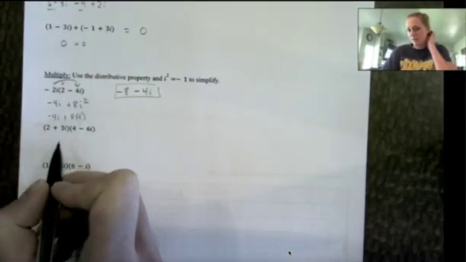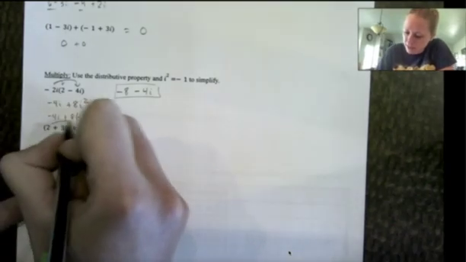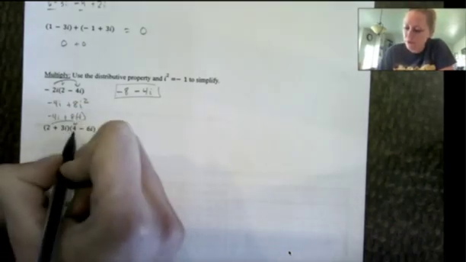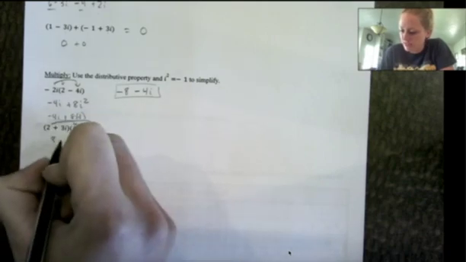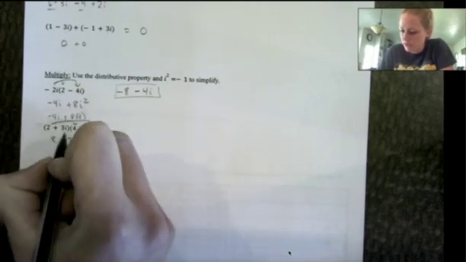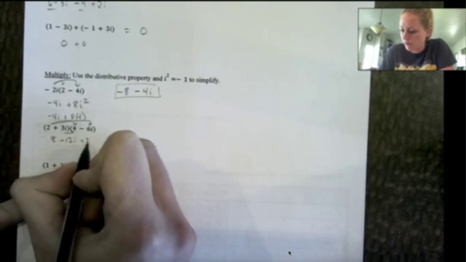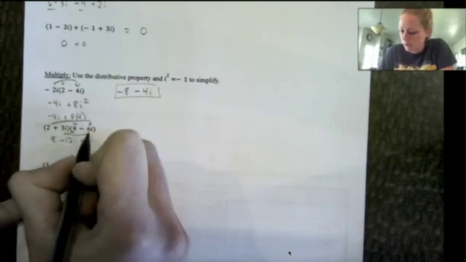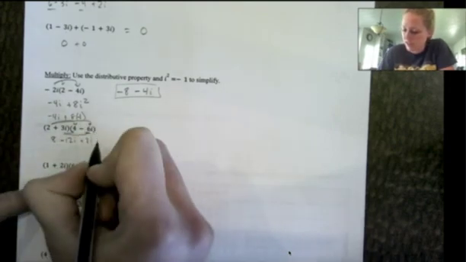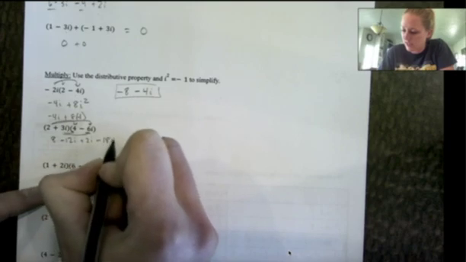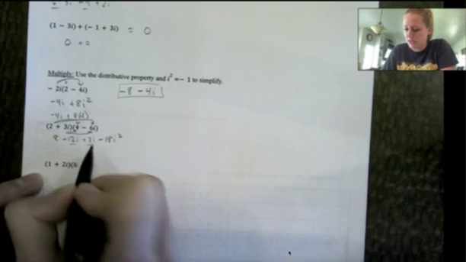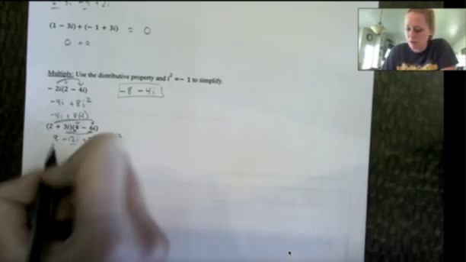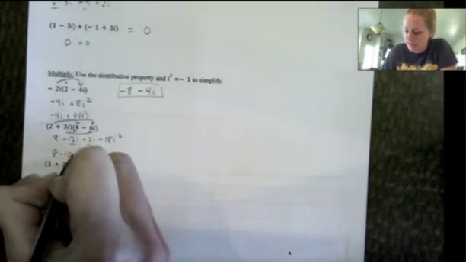Okay? If I have a complex number times another complex number, we distribute twice. So 2 times 4 is 8. 2 times negative 6i is negative 12i. 3i times 4 is 12i. And 3i times negative 6i is negative 18i squared. Okay, so like terms here, my i's, negative 12i plus 2i is negative 10i.